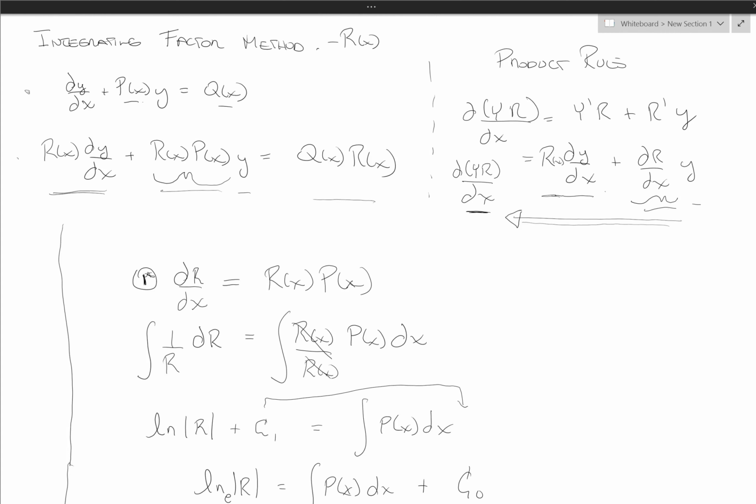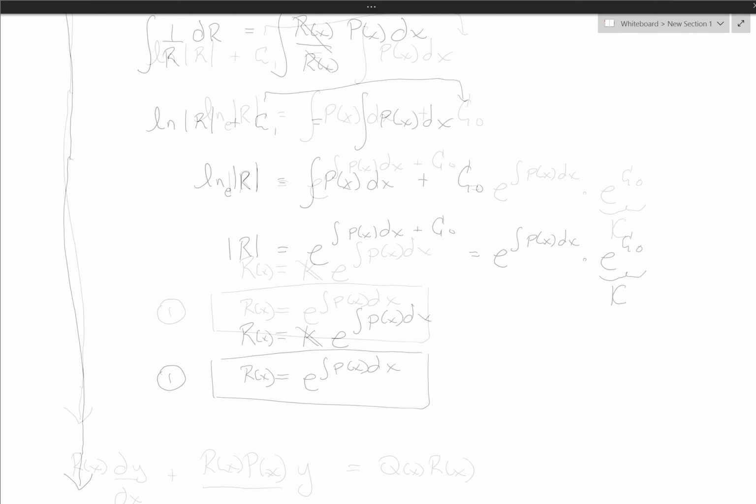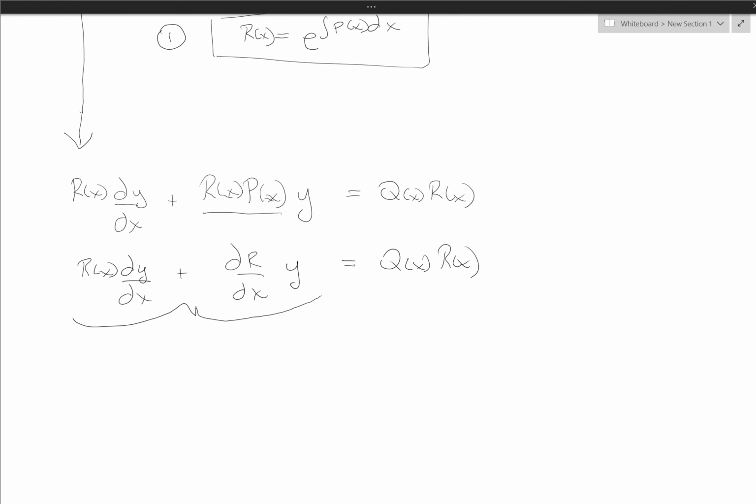So we're using our integrating combinations understanding to simplify our original differential equation so that it's d(yr)/dx is q(x) r(x). And we can separate the variables really easily just by multiplying.